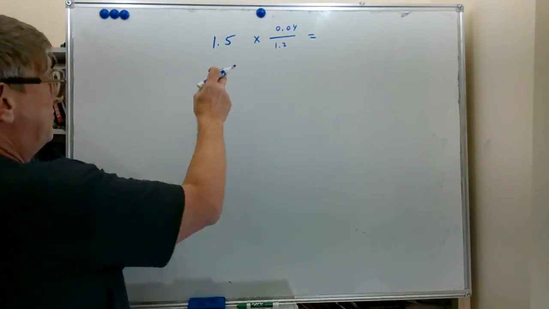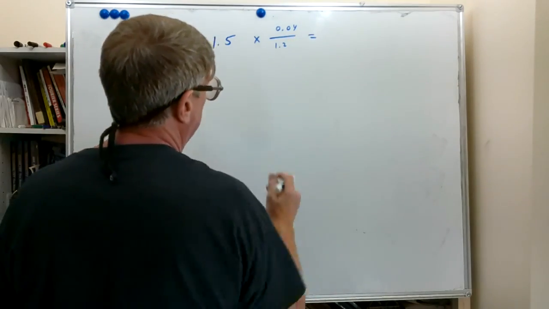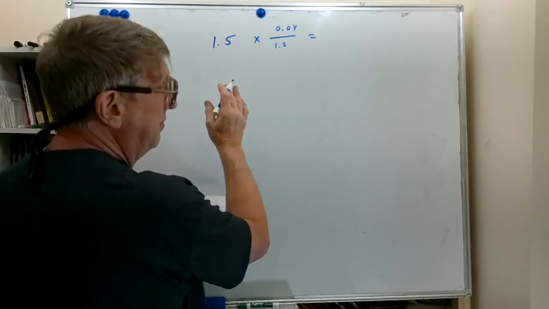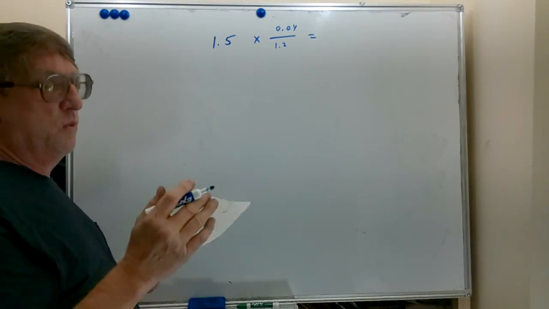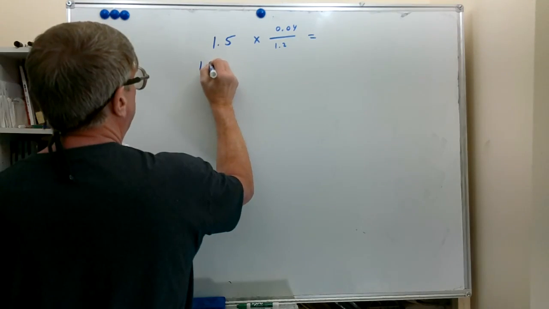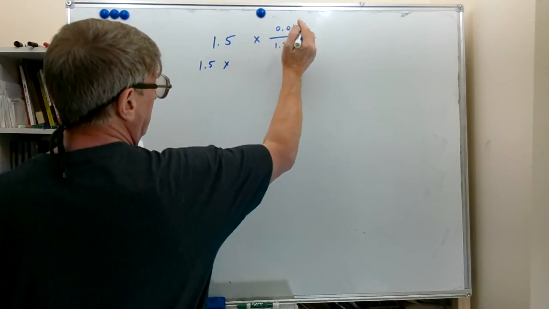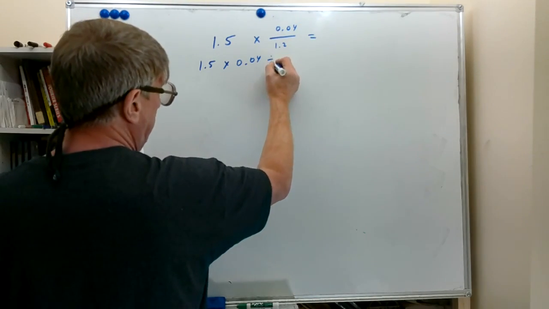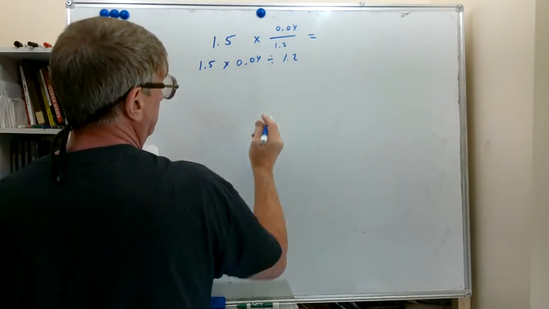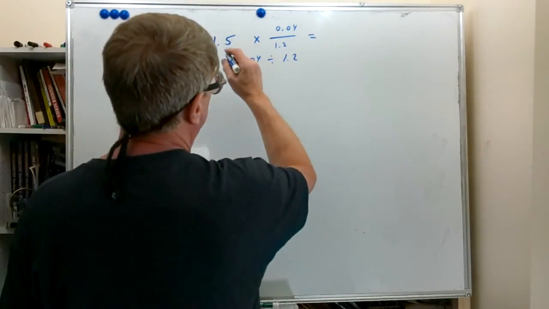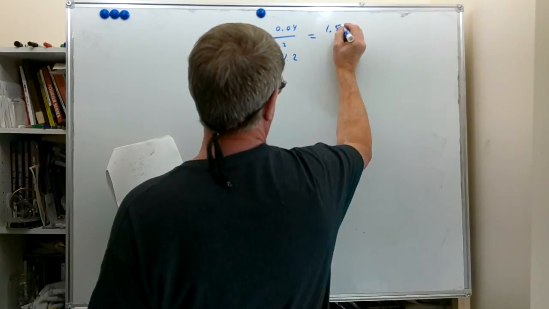Well, we have multiplication, and we have a fraction bar that indicates division. So I'm going to rewrite this problem just to illustrate where the multiplications and the divisions are. We have 1.5 times 0.04, just times the numerator, divided by the denominator, 1.2. Another way to look at this might be to realize that this is 1.5 over 1.